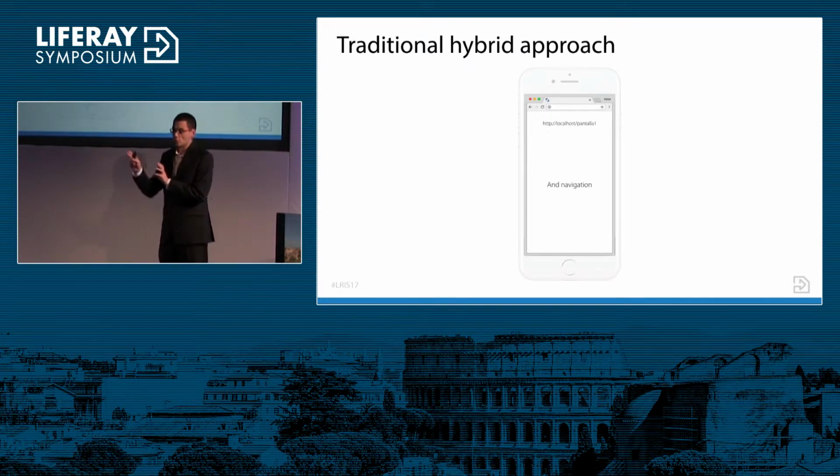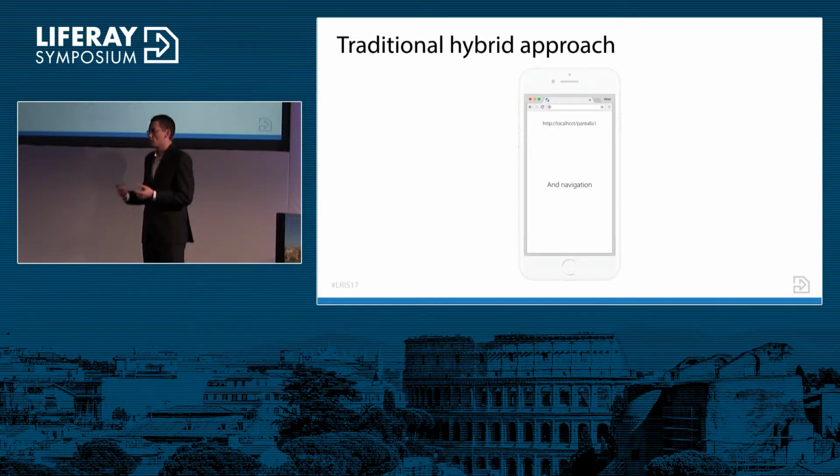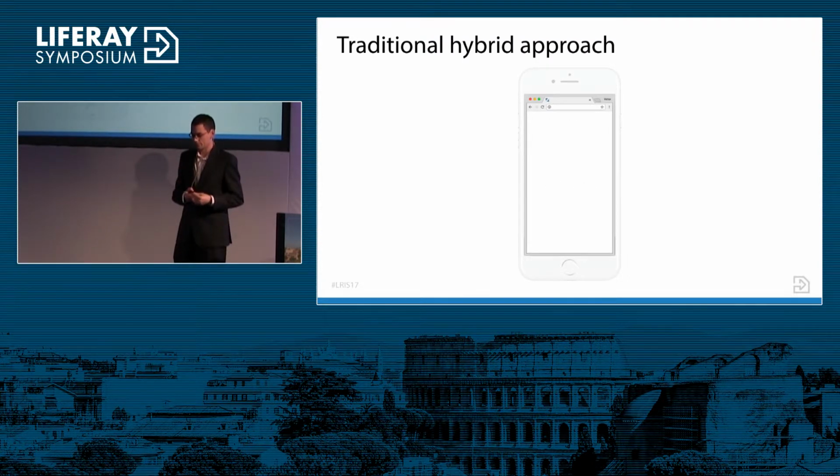So you just browse right there through several pages. That approach is quite limited, because users notice that you are not using native navigation. Here, the navigation happens in the embedded browser.